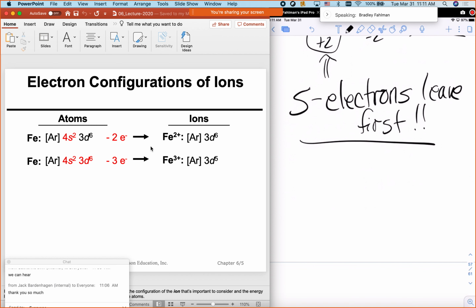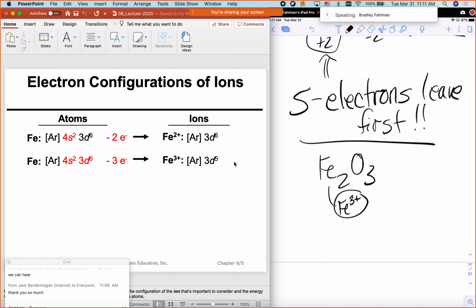Then as soon as you start losing more electrons, now that you've already lost the s electrons, you start removing some from the d. So an iron 3, such as this, that's iron 3 plus, will have a configuration of argon 3d5.